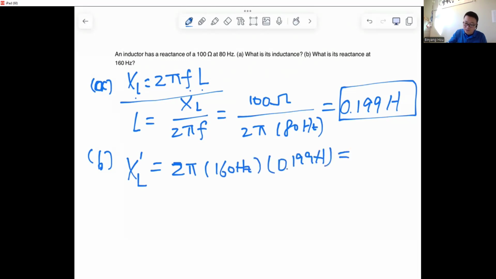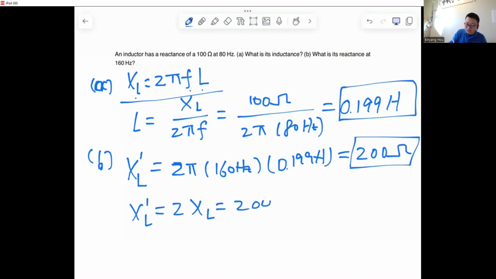This should give you twice what we had earlier, so 200 ohms. So that's the new inductive reactance. Or you can simply say because your frequency doubles, XL will be two times the original one, 200, so either way.